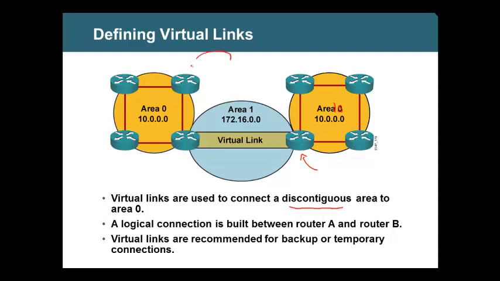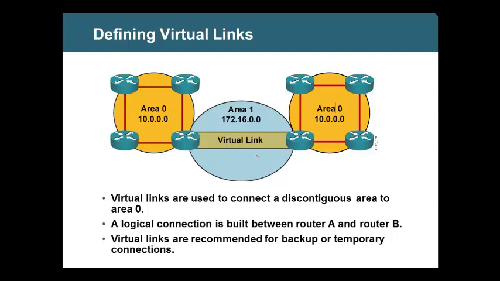Contiguous means they need to be here. This is discontiguous. A discontiguous area to area 0. Simple rule, all areas need to be directly connected to area 0, but area 10 is not for some reason, and we are trying to connect it using a virtual link.